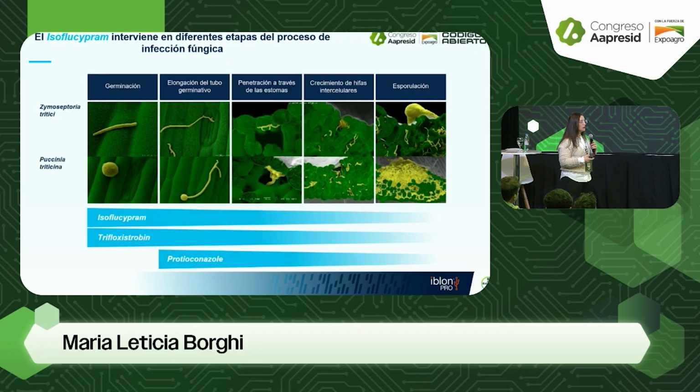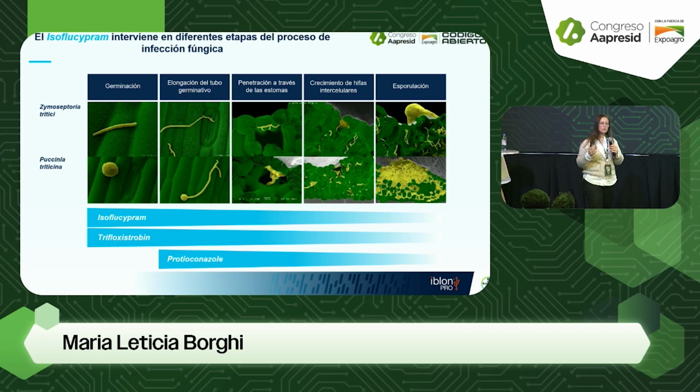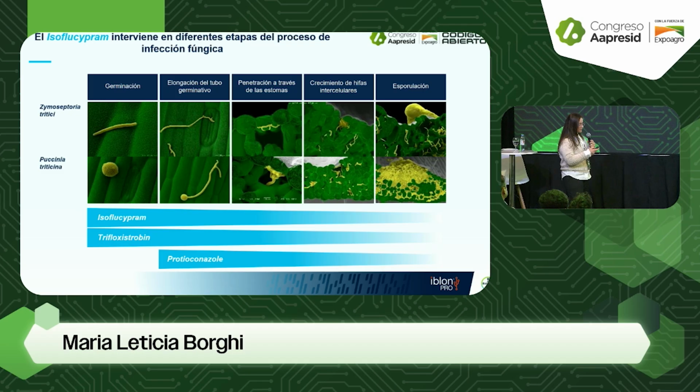What we want to show you here is how isoflucipram acts throughout the infection process with any pathogen. Whatever the crop today, and irrespective of the pathogen, what it does is first germinate.